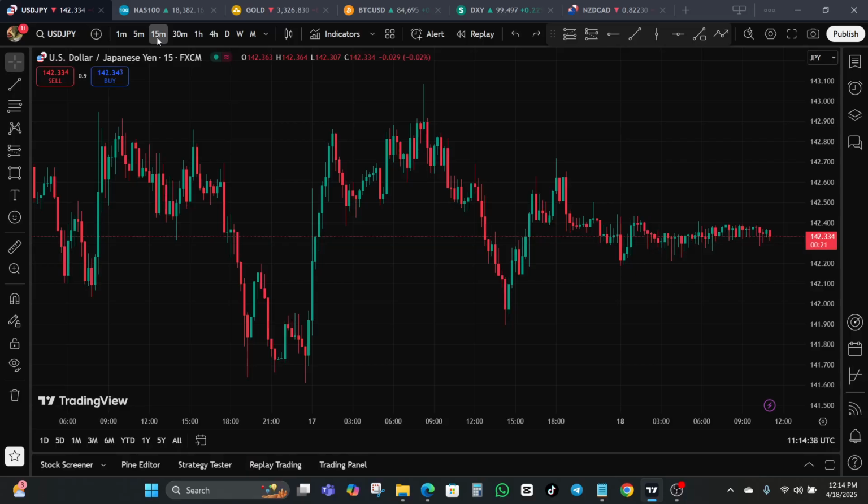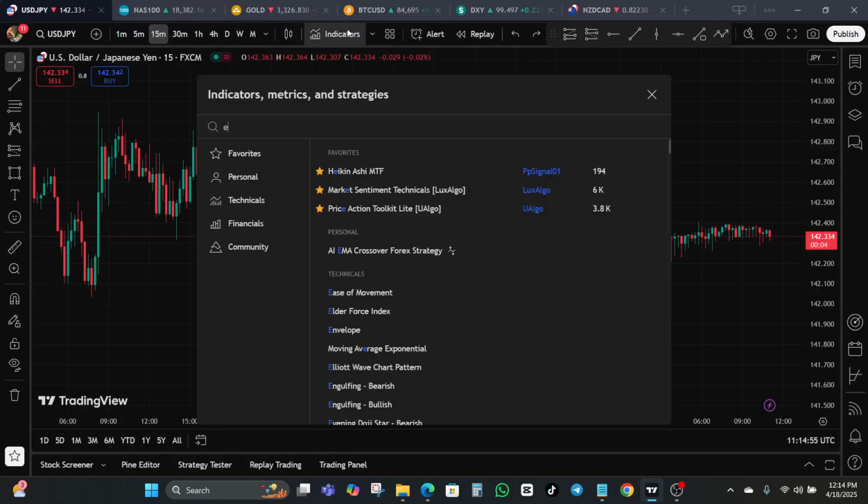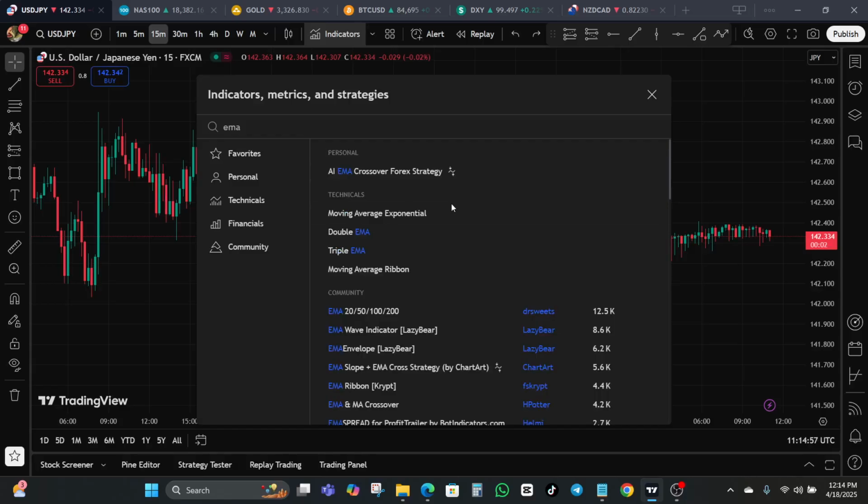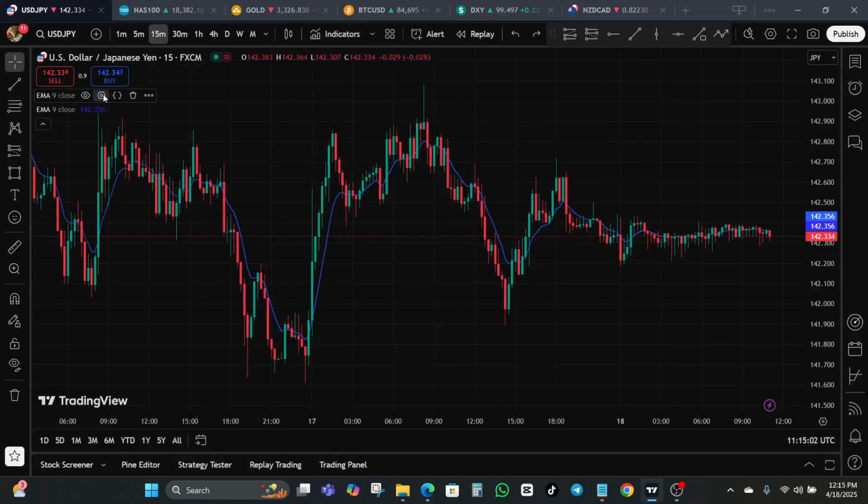For this strategy, we rely on exponential moving averages. So we are going to be adding the 50 EMA and the 200 EMA to the chart.